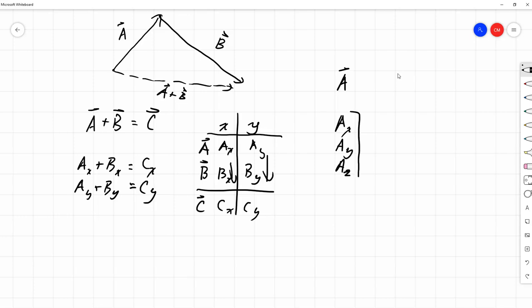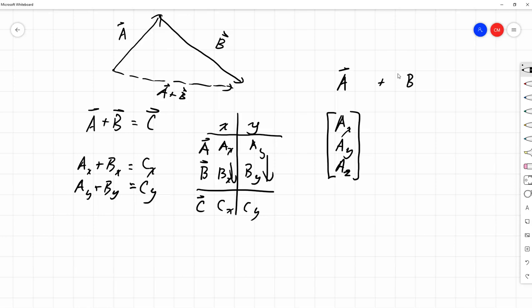So I can make as many rows in my column as I have directions in my vector. So you see the position in the column determines whether it's X, Y, or Z. Notice there is no line between AX and AY. If you do that, it makes it look like a division. It's just the position there.